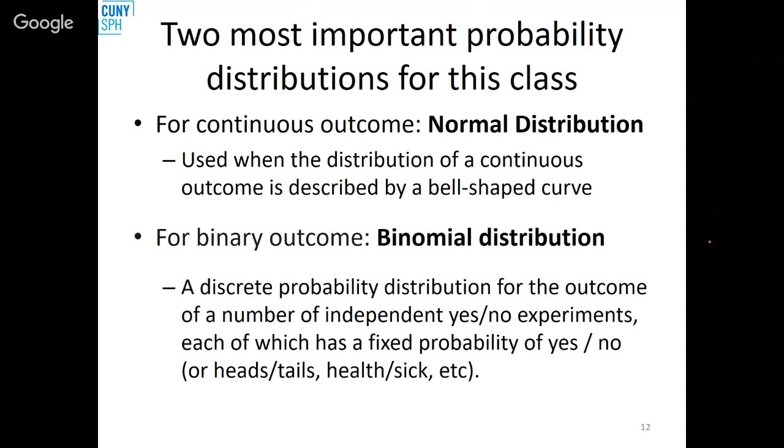And for the binomial distribution, anytime you have two possible outcomes and each of those observations or events is independent of the others, then the total number of times that event occurs will follow a binomial probability distribution. So that is why that one is important.